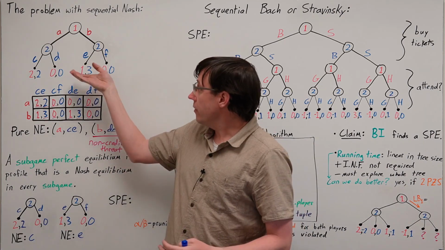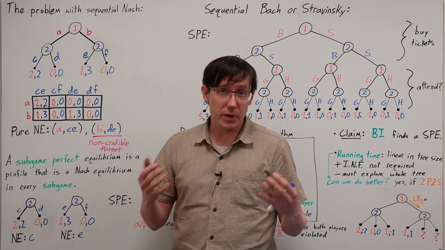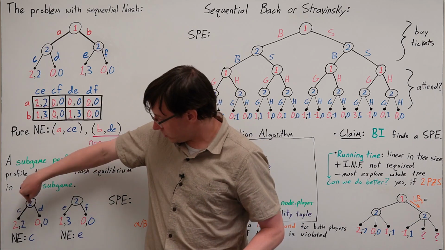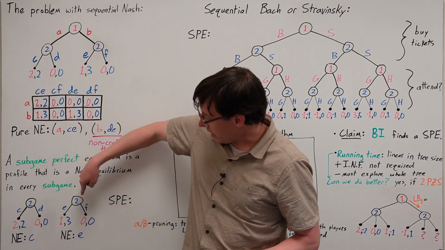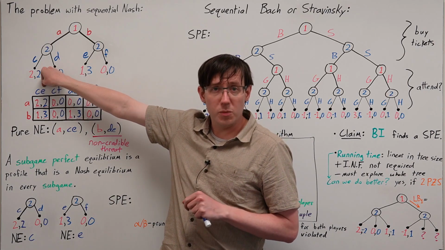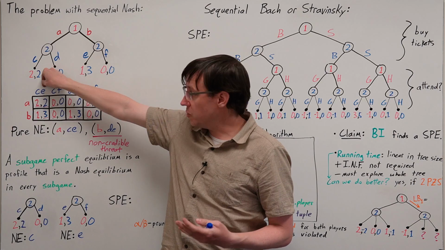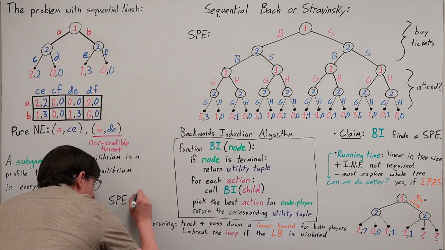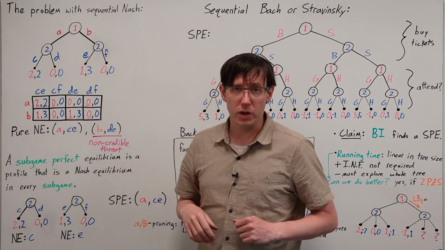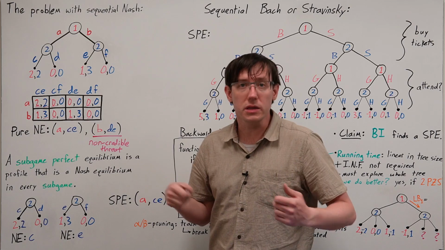And so now in the full game, a profile can only be a subgame perfect equilibrium if it uses action C in this subgame and action E in this subgame. And so player 2 must be playing strategy CE, to which player 1's best response is A. And so this game's unique subgame perfect equilibrium is for player 1 to play A and player 2 to use CE.